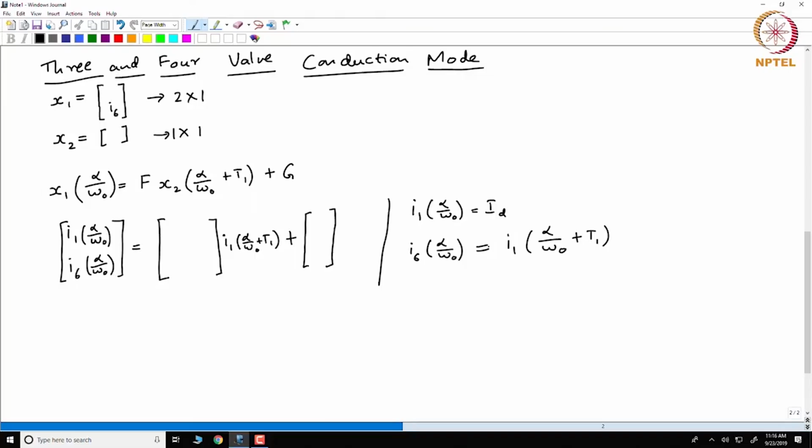Now from these two equations, can I fill the elements of F and G? So the only constraint is that F and G are constants. So what are the elements of F? What is the second element of F? 1. What is the second element of G? 0. That is easy.